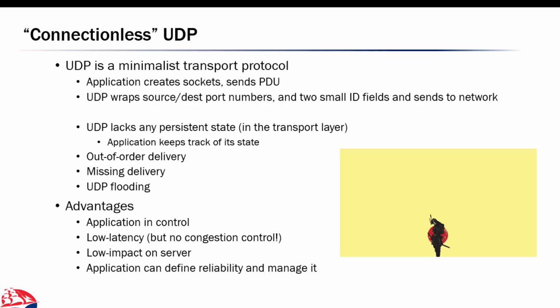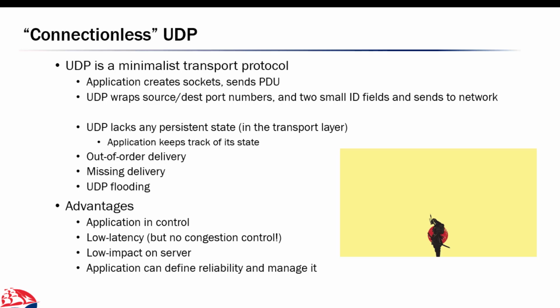UDP lacks any persistent state in the transport layer. There is absolutely nothing about things that had to happen before a UDP packet is sent, or things that happen afterwards. So this is really ideal for low latency kinds of things, which we'll take a look at.